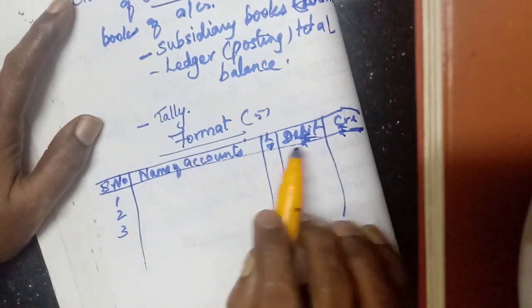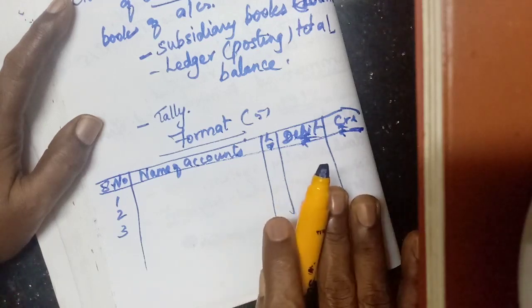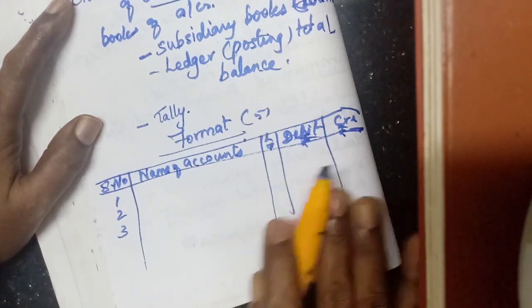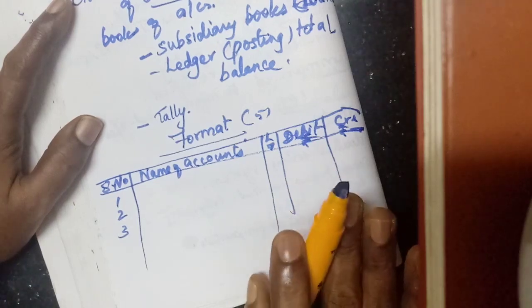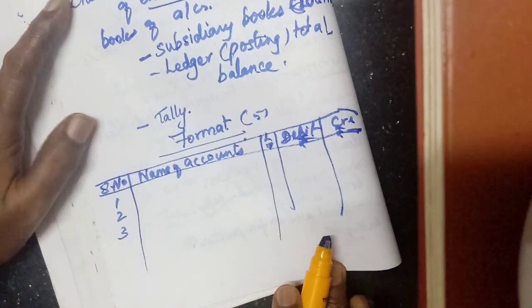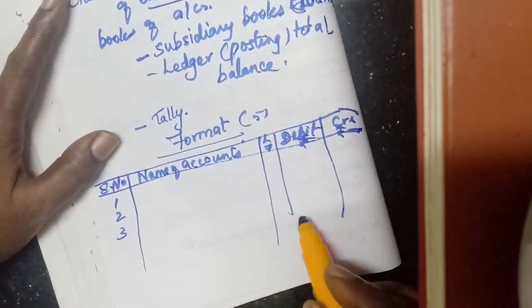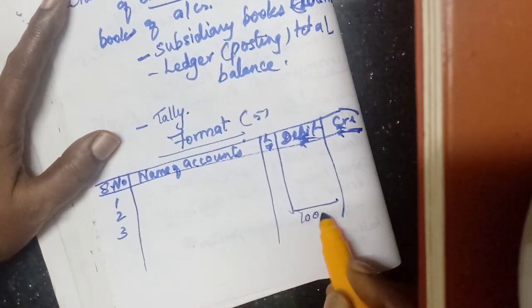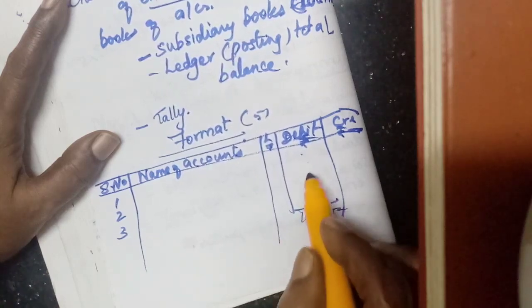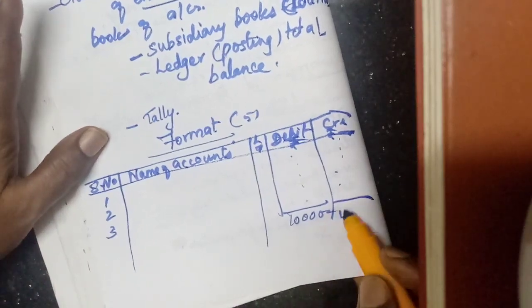So debit and credit will be equal, and all the transactions will have debit and credit. That is the rule, that the total of the debit column will be equal to the credit column. If the debit is 1 lakh, then here also it will be 1 lakh.